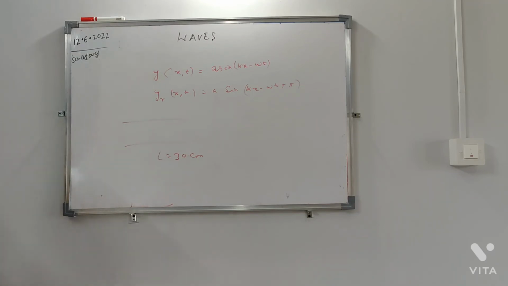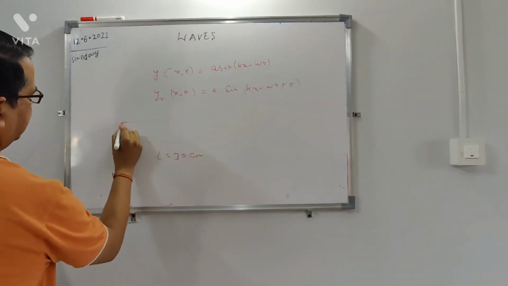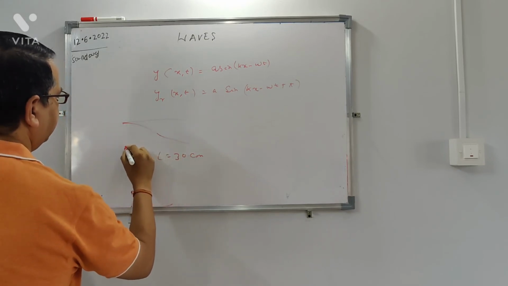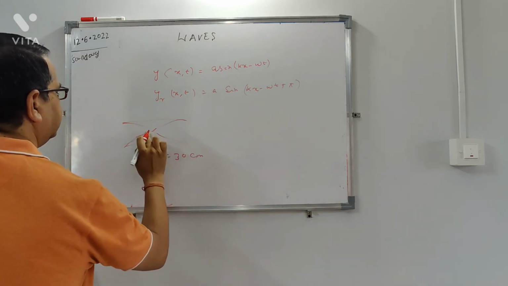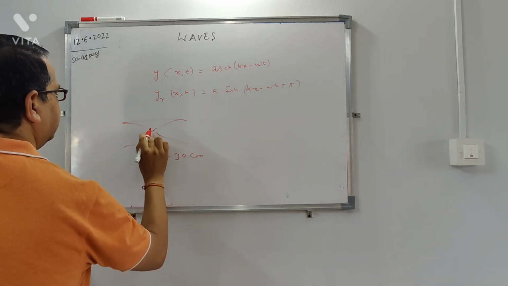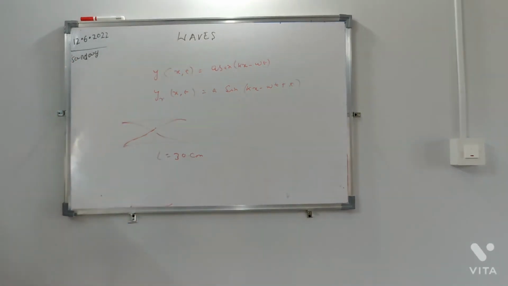So let there be air inside this pipe, and the sound is moving through this. Normally in case of an open pipe, the harmonics will be something like this.